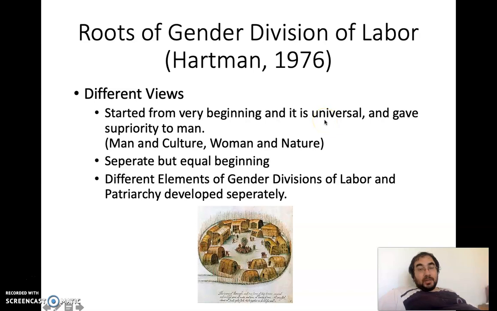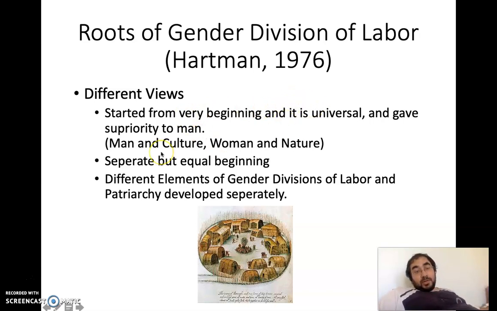That's the other argument, the argument that's opposed to this. Starting from the very beginning, it is universal and gave superiority to the man. Basically, this is also man is culture. Man is closer to what is built above nature, and woman is closer to nature itself. I mean, the pure nature, and civilization is the superiority of culture over nature, which gives the man the superiority.